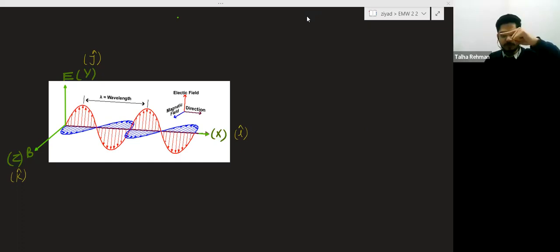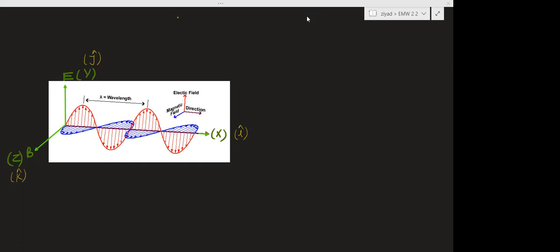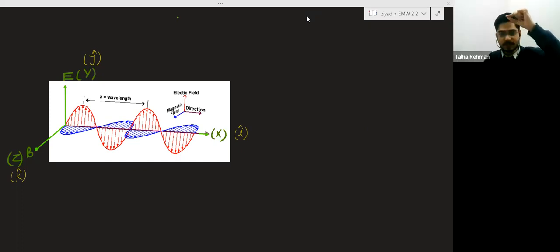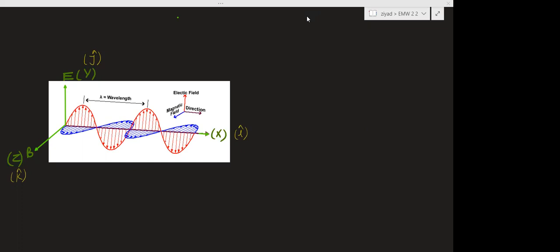From here, the displacement of the point is increasing. Now, displacement is decreasing.